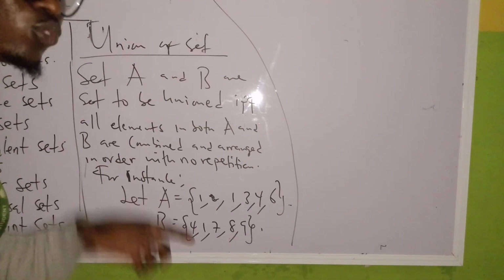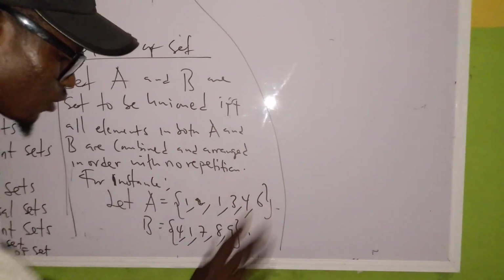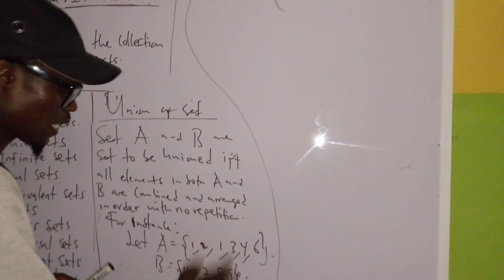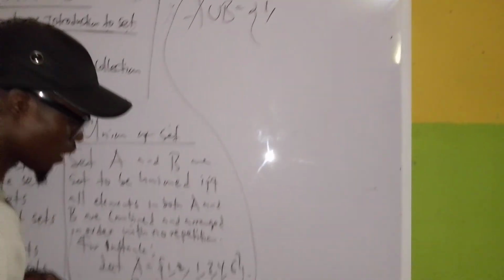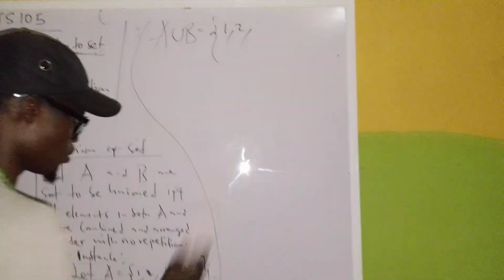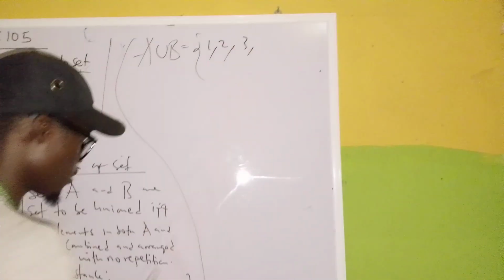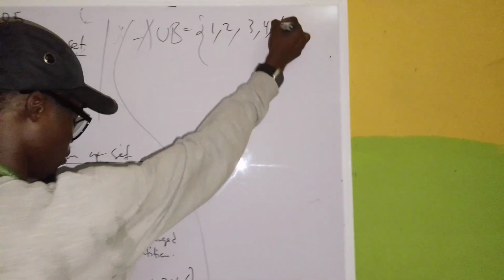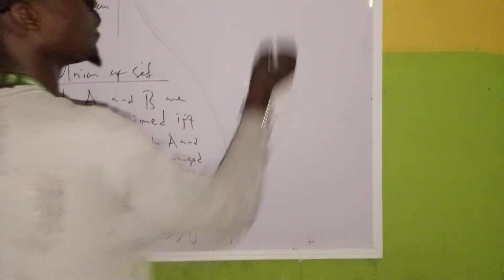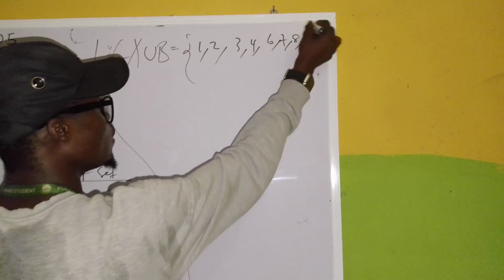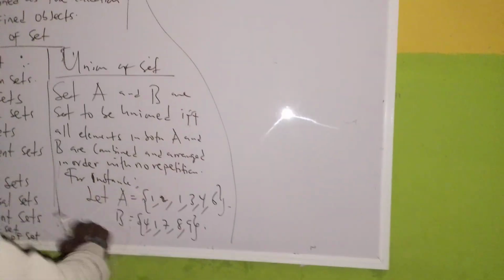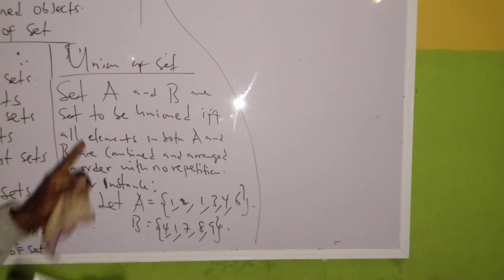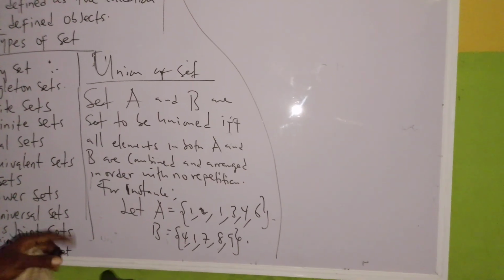So: 1, 2, 3, don't repeat because they are repeating, then 4, 6, 7, 8, 9. Simple. That's what we have in the whole of this set. Don't repeat anything.